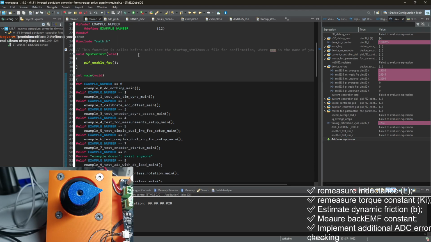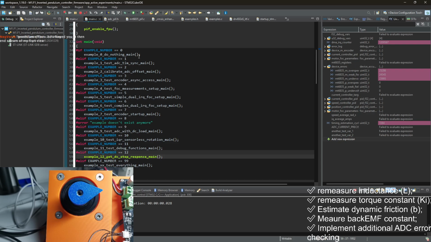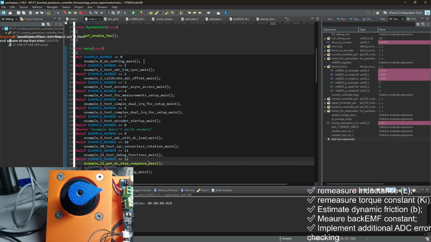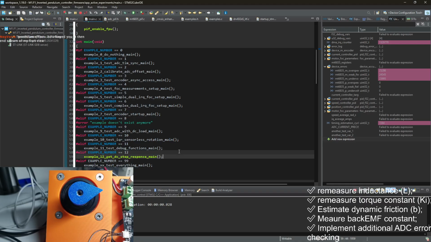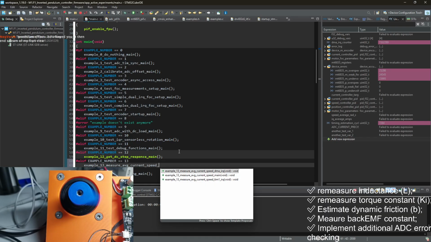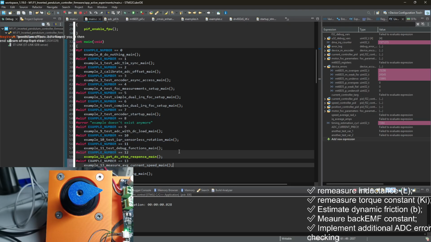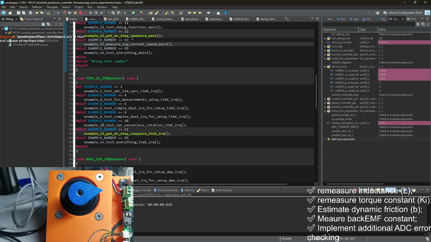Okay. What were we doing? Oh, we were actually cleaning up examples. Correct. Experiments. Let's add our launch sequences. Example 13. Example 13. Main. Add this here.